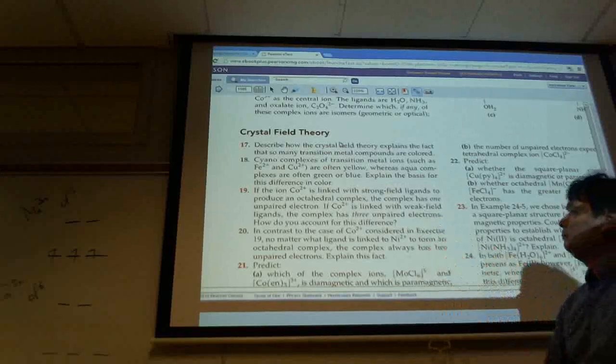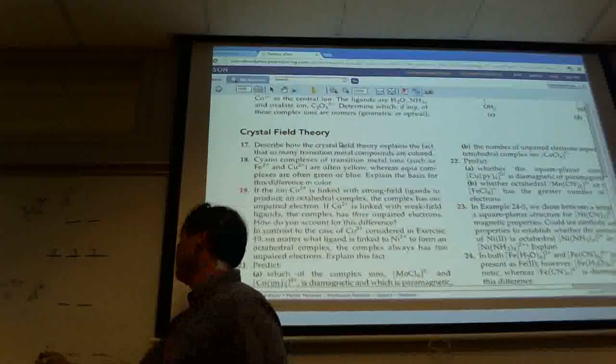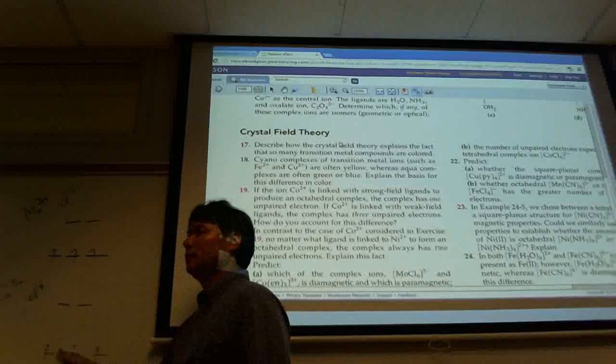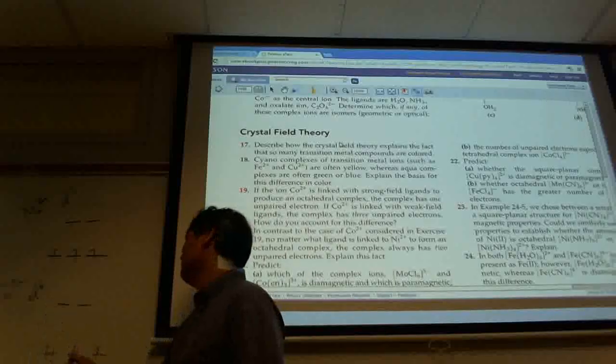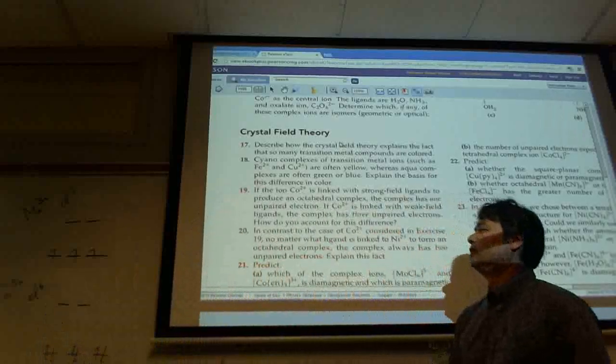So, strong field, octahedral, 1, 2, 3. Promote and pair, because delta's big. So which one's diamagnetic? Cobalt 3.